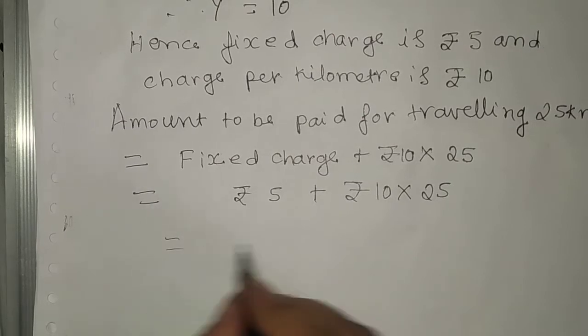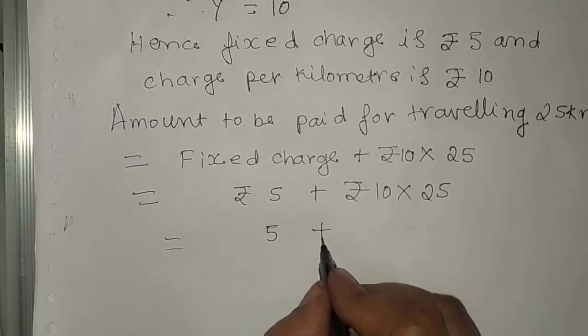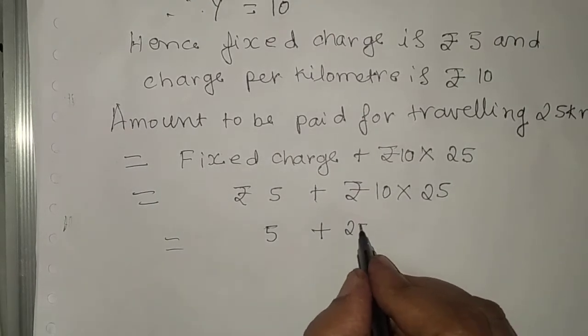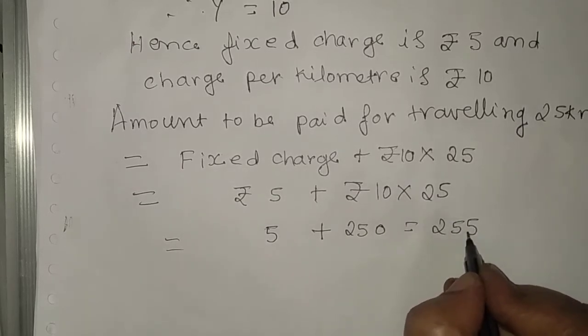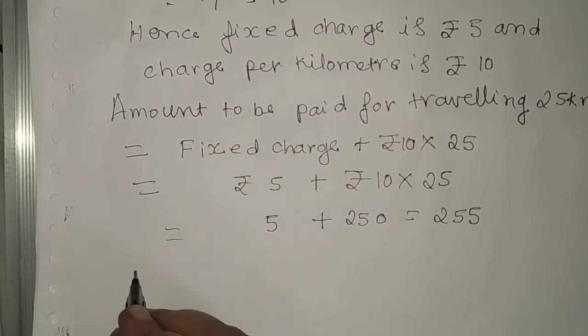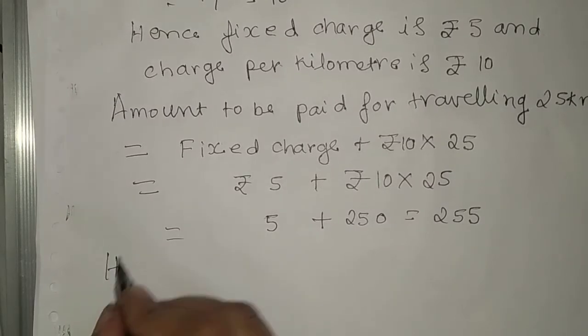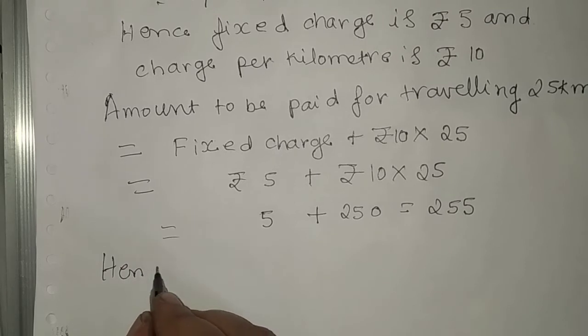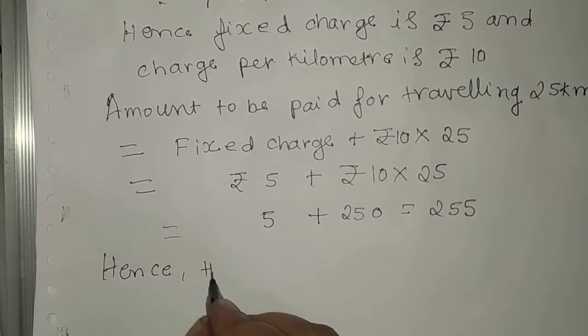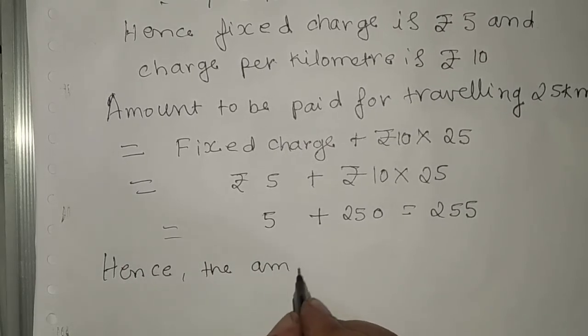Now we are getting 5 plus 250 is equal to 255.